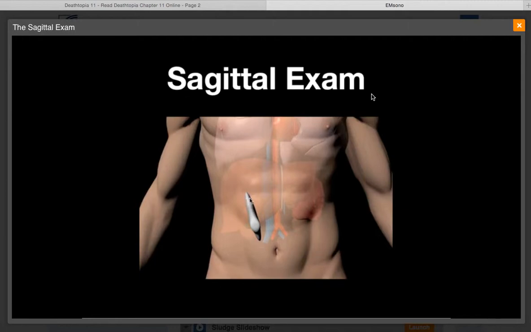The transducer can initially be placed in approximately the mid-clavicular line, but since the location of the body of the gallbladder can vary, it's not uncommon to have to move the transducer from side to side and rotate the transducer gently in order to locate the gallbladder. But in most cases, I would recommend starting with the transducer in the mid-clavicular line, just under the costal margin on the right.